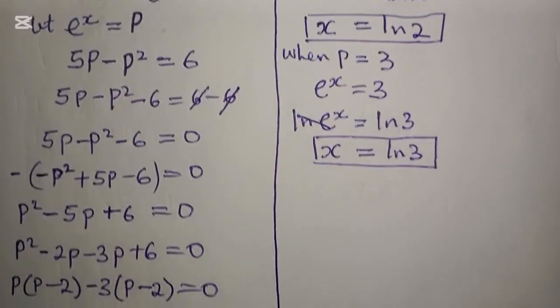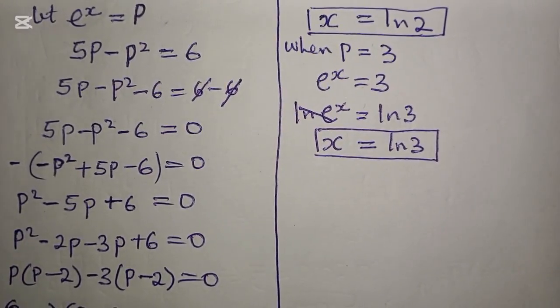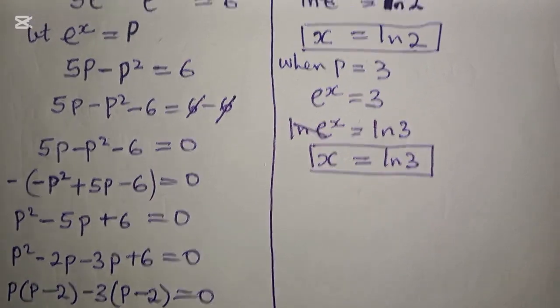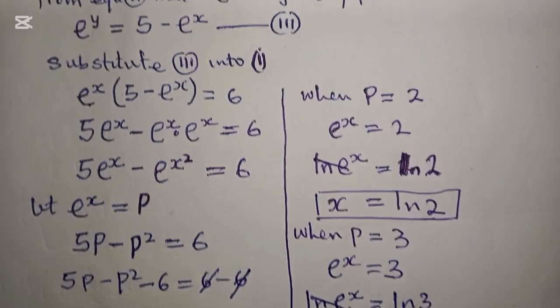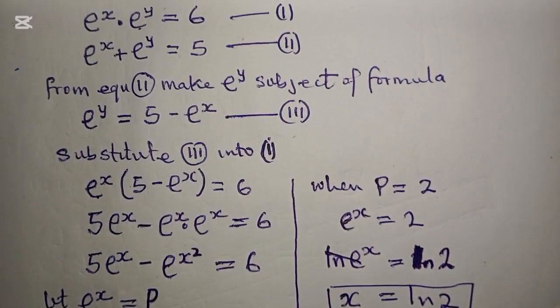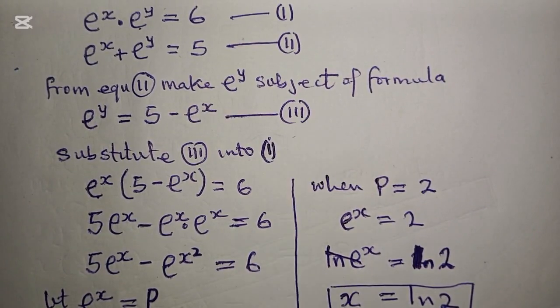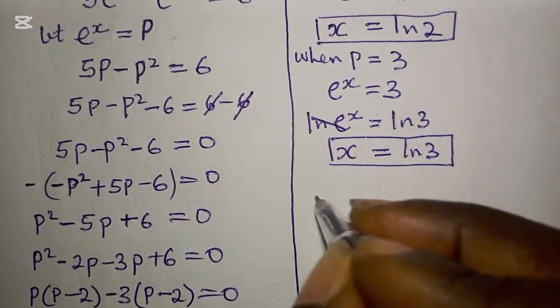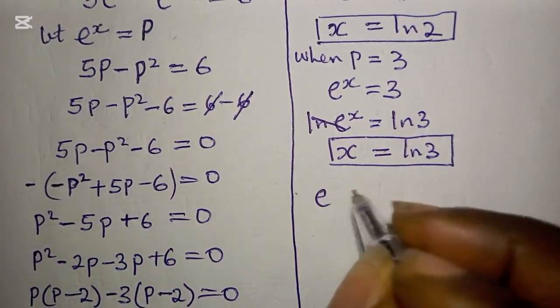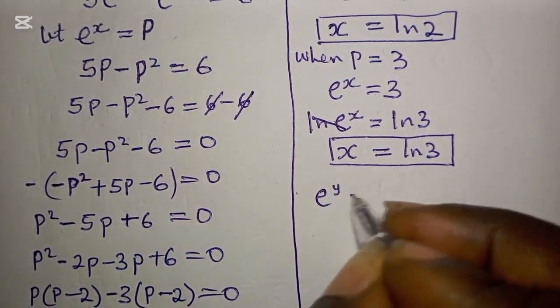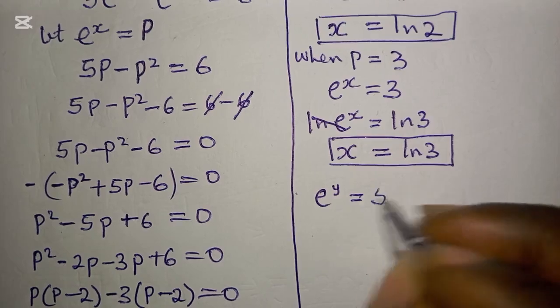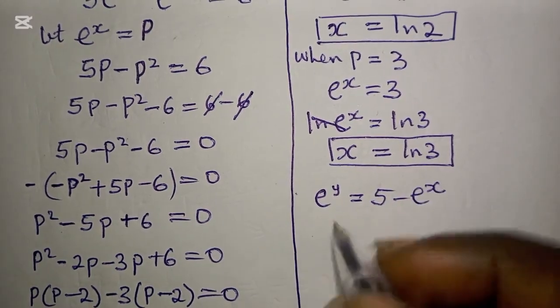Now, that is that. But recall that we are also to find the value of y. To find the value of y, we are going to make use of equation 3. This equation says e raised to the power of y equals 5 minus e raised to the power of x.